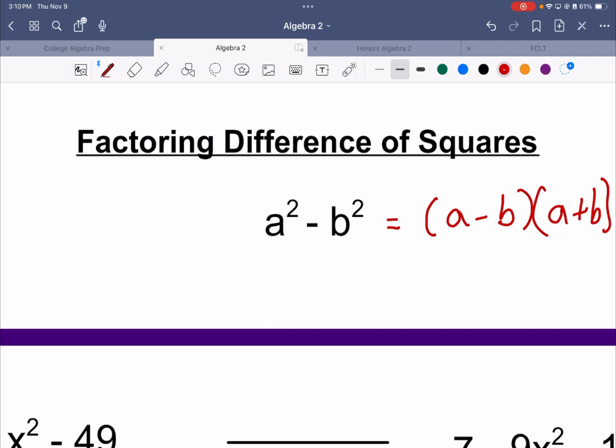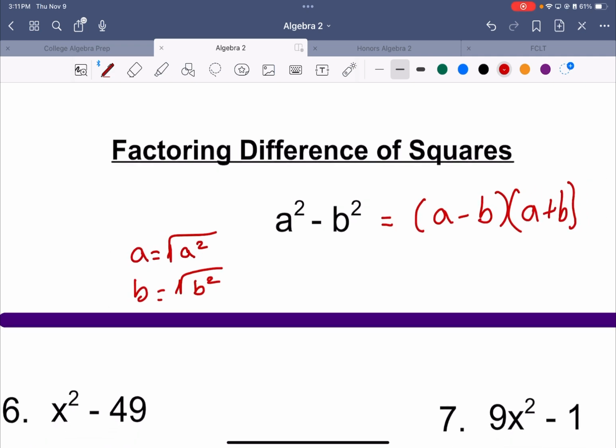They have to be differences of squares. Otherwise, this doesn't work. A is equal to the square root of a squared. B is equal to the square root of b squared. That's how we get those. Okay. And this is the form that we will leave it in.